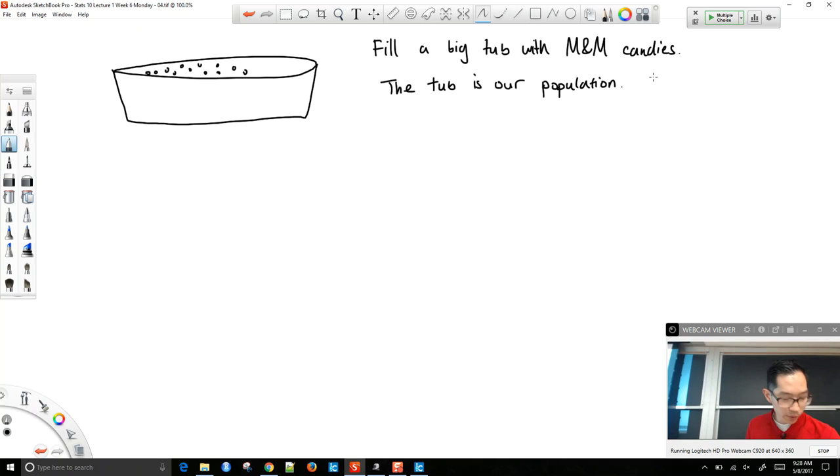And let's say we went through and we counted every single piece of candy in this tub.